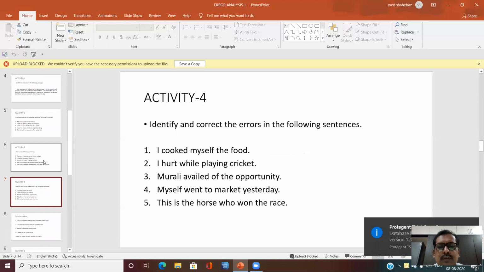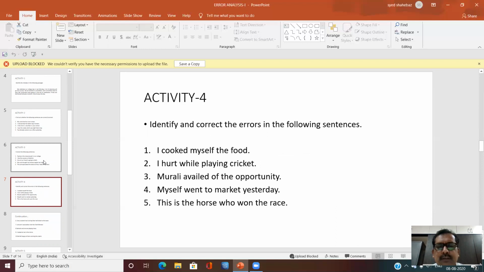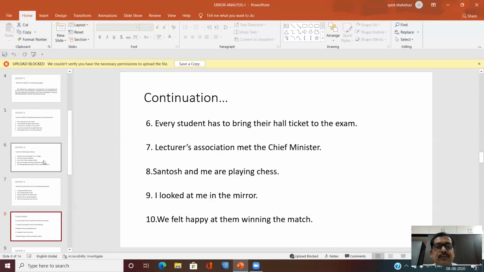I cooked the food myself. I hurt myself while playing cricket. Morally availed himself of the opportunity. I went to market yesterday. This is the horse which won the race. Every student has to bring his or her hall ticket to the examination.